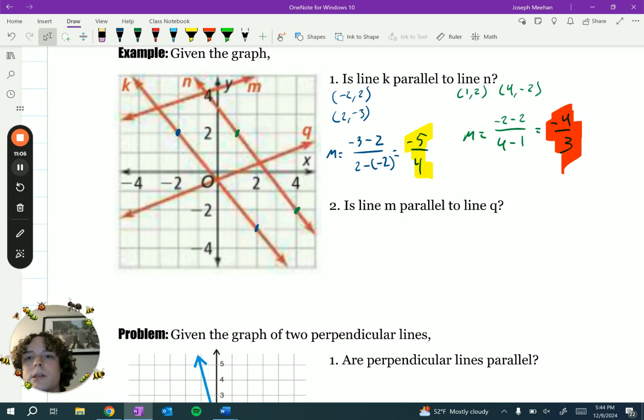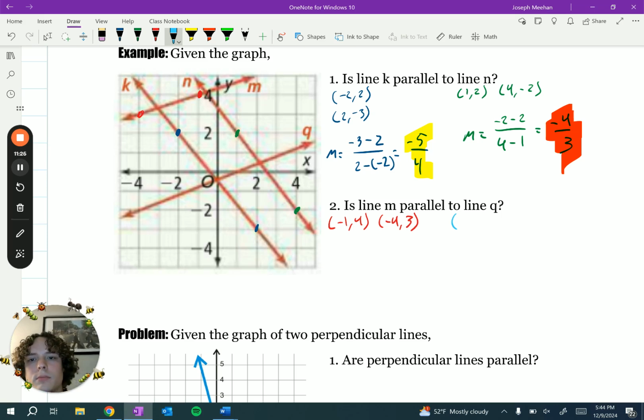For M, let's pick some points. It looks like maybe (-1, 4) and (-4, 3). And then let's say we're looking at line Q now.